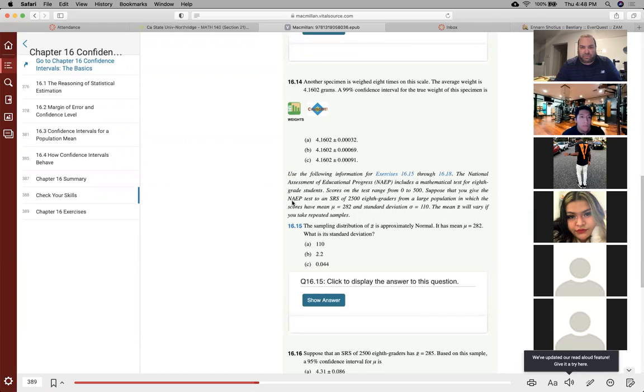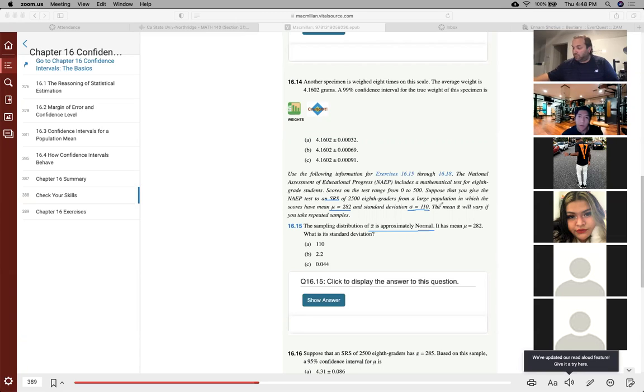An SRS of 2,500 8th graders from a large population in which the scores have a mean of mu equals 282 and a standard deviation of sigma equals 110. Obviously, the mean X bar is going to vary if you take repeated samples. The sampling distribution of X bar is approximately normal. How do I know that, by the way? They tell me that, but how do I know that?